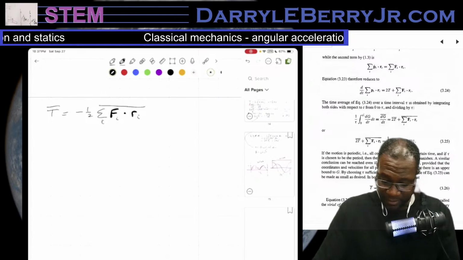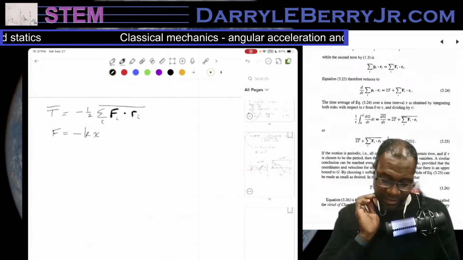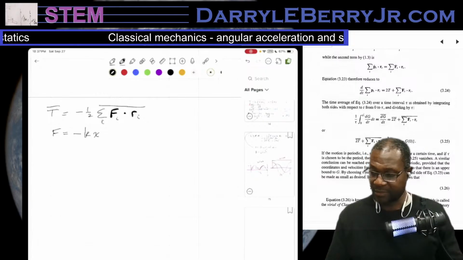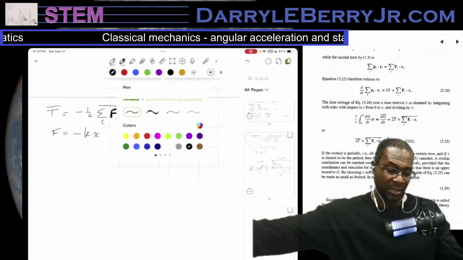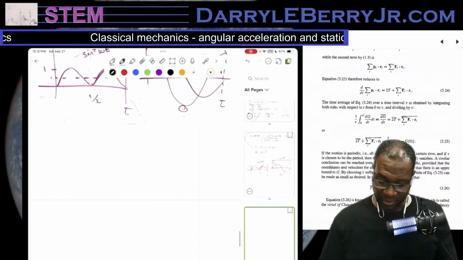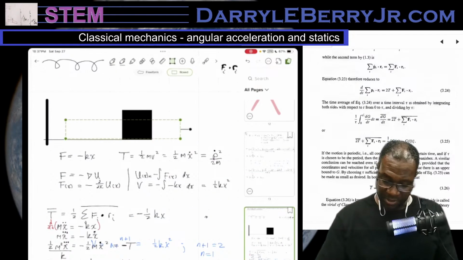Now we know that Hooke's law is F equals -kx, where k is the spring constant, and x is the distance through which a mass on a spring, let's say, is moved. Matter of fact, right now we're dealing with a mass on a spring. Let me copy this down.